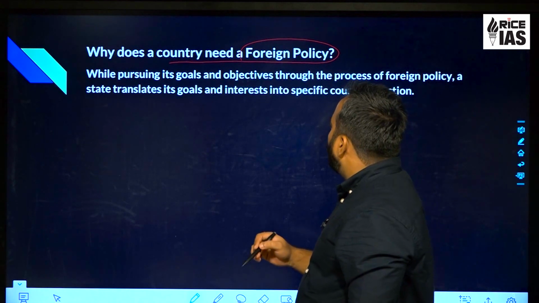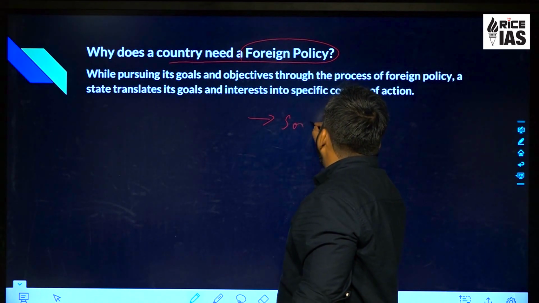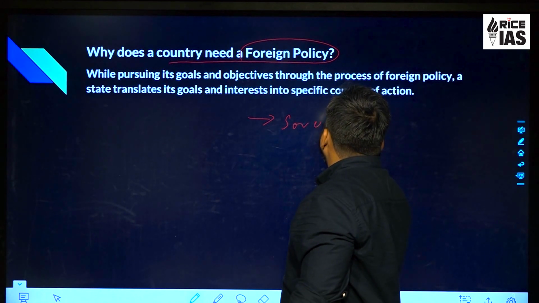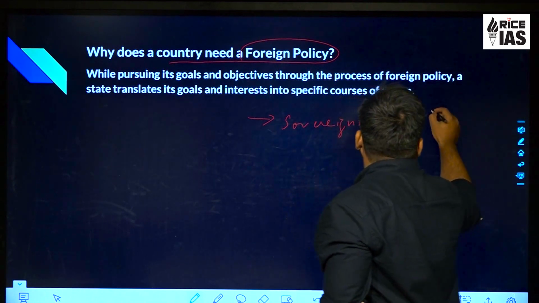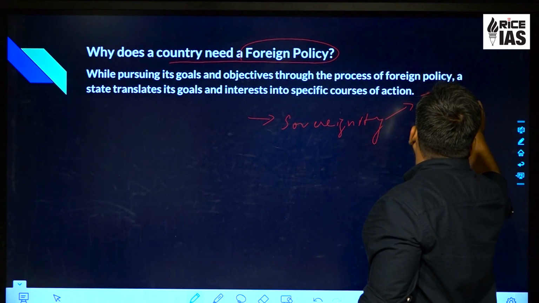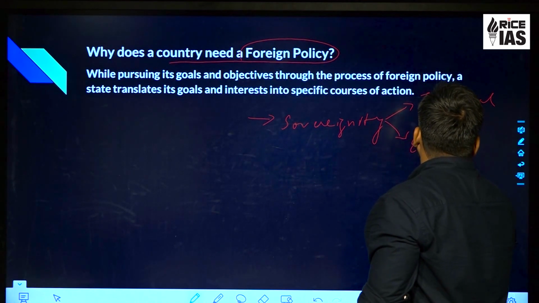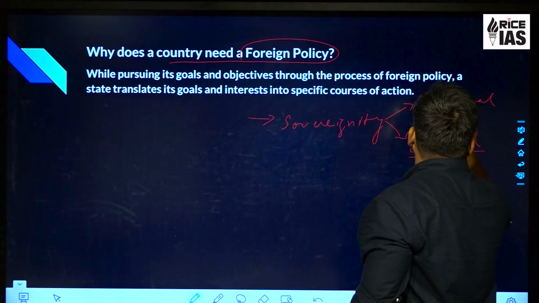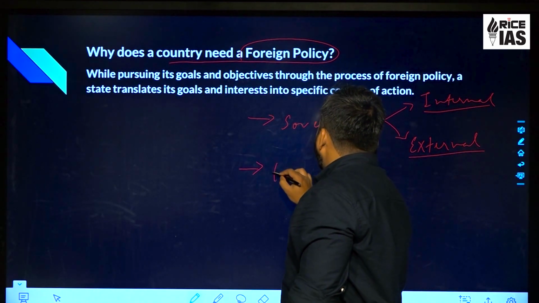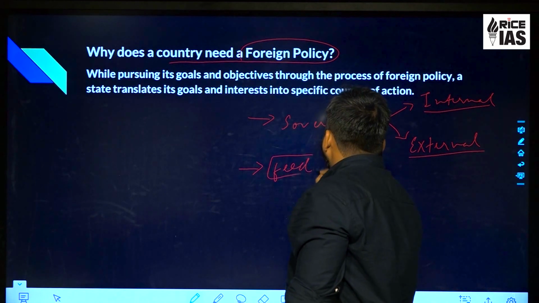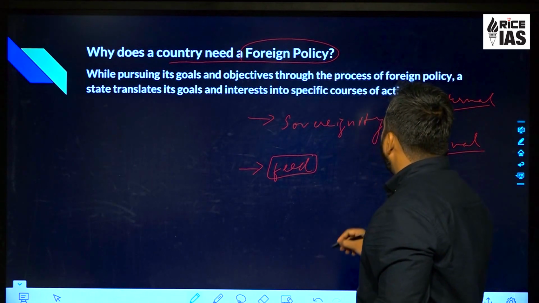We need to look outside because sovereignty has two aspects: internal and external, and both are interrelated. A simple example is India needs to feed its people, secure the life of people.